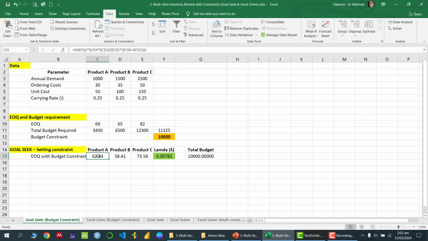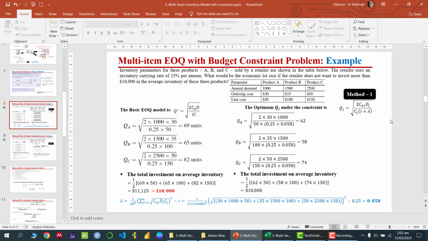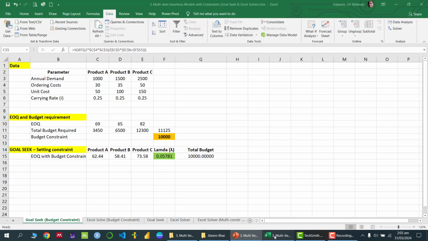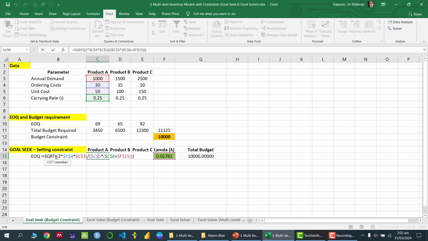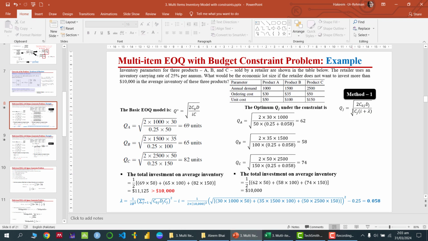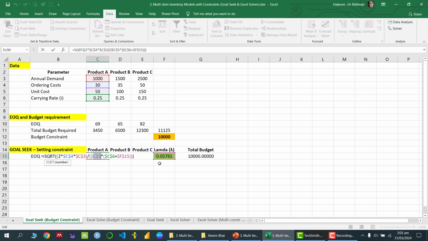So over here we are applying this formula, in which we take the square root of 2 multiplied by the order cost multiplied by the annual demand. Then we have Cj, that is this unit cost, into I plus lambda. So what is I? I is basically the carrying rate, or you can say the interest rate, plus the value of lambda. This value we need to find out.